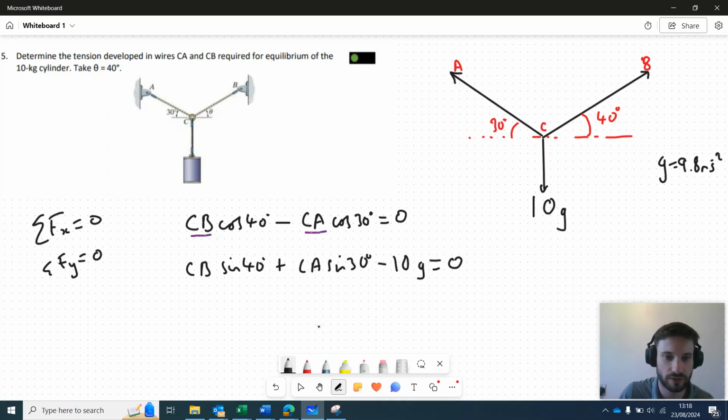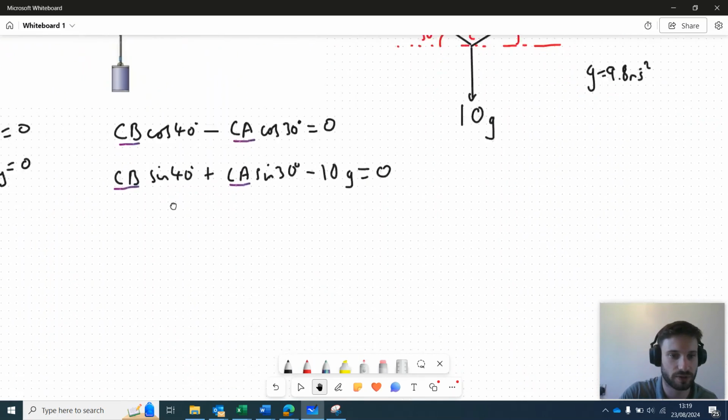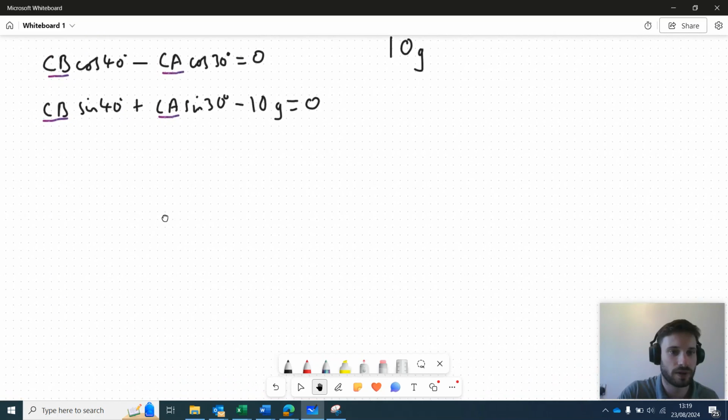That's equal to 0. So we have two unknowns still, CB and CA. We know what g is, it's 9.8. And we have two independent equations. As I'll always say, if you have as many independent equations as you do unknowns, then the problem is solvable. So let's go ahead and solve it.